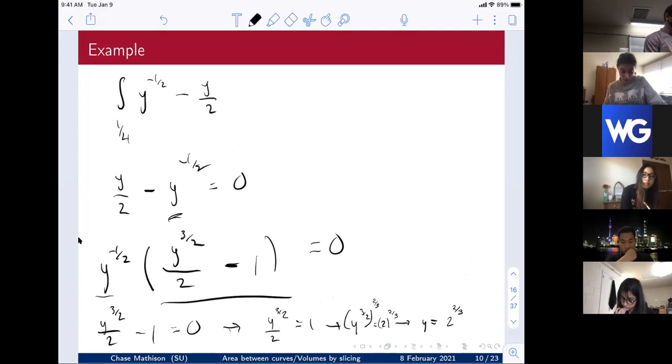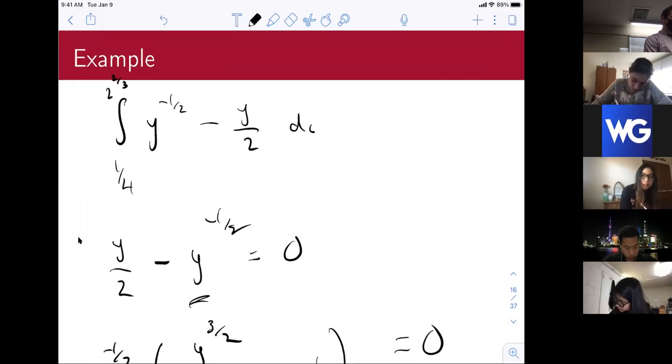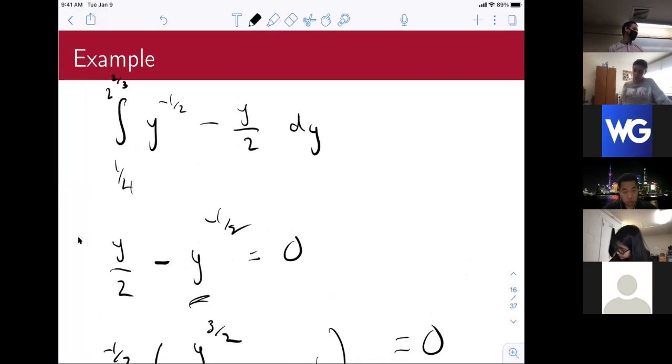Okay. So this integral up here is going to be the integral from 1/4 to 2 to the 2/3 of y to the minus 1/2 minus y over 2 dy. So from there, it goes essentially the exact same way that that first problem went.